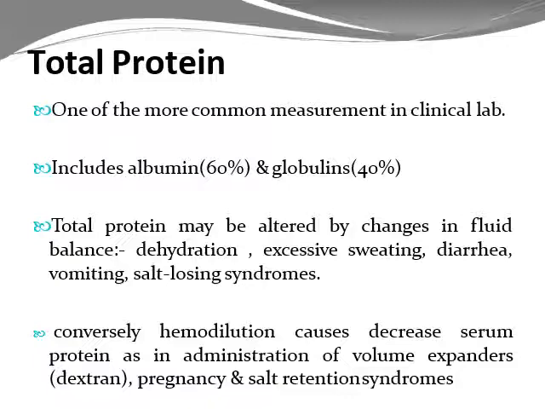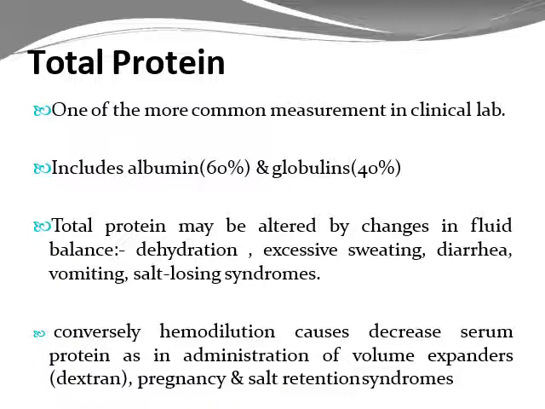The amount of total protein can alter based on the body's condition. For example, if we have changes in the balance of fluid, so if there is loss of fluid by dehydration, by excessive sweating, diarrhea, etc., the amount of total protein will basically increase.